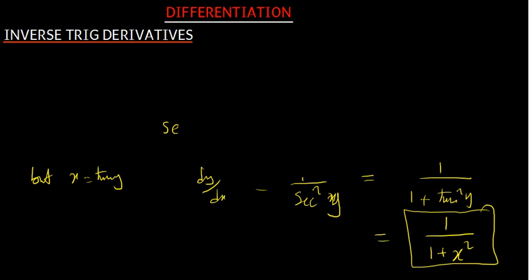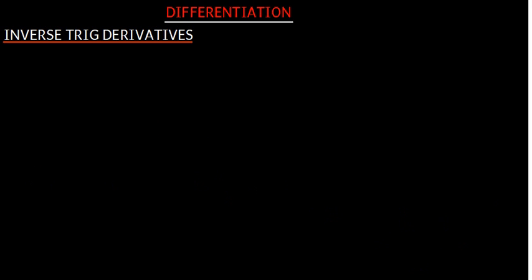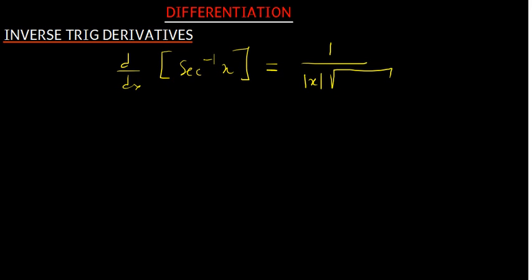Now, to complete the other derivatives for the opposites of sec, if you are finding the derivative d over dx of sec inverse of x, this is supposed to give you 1 divided by the absolute value of x, and then the square root of x squared minus 1.